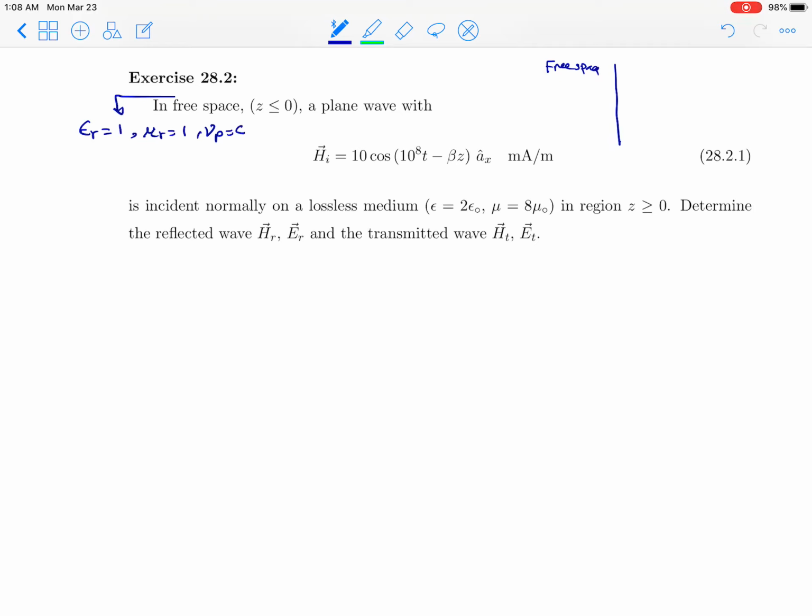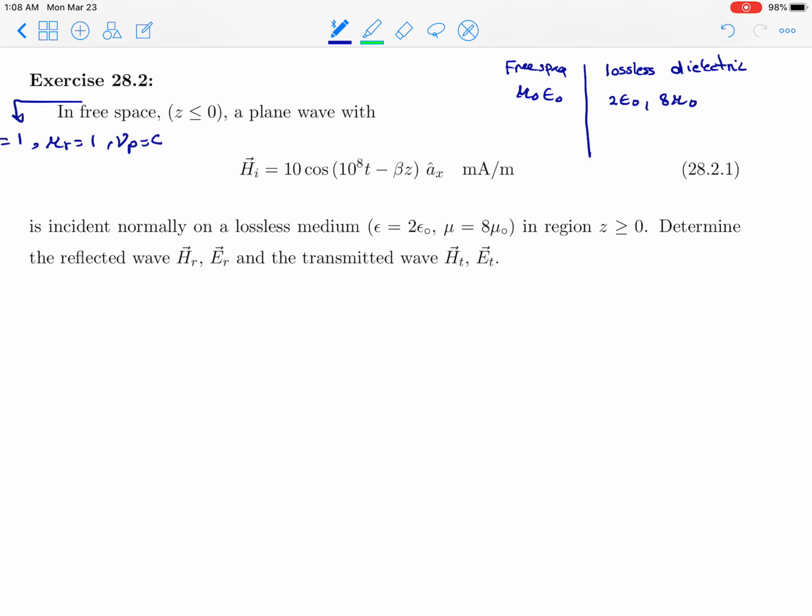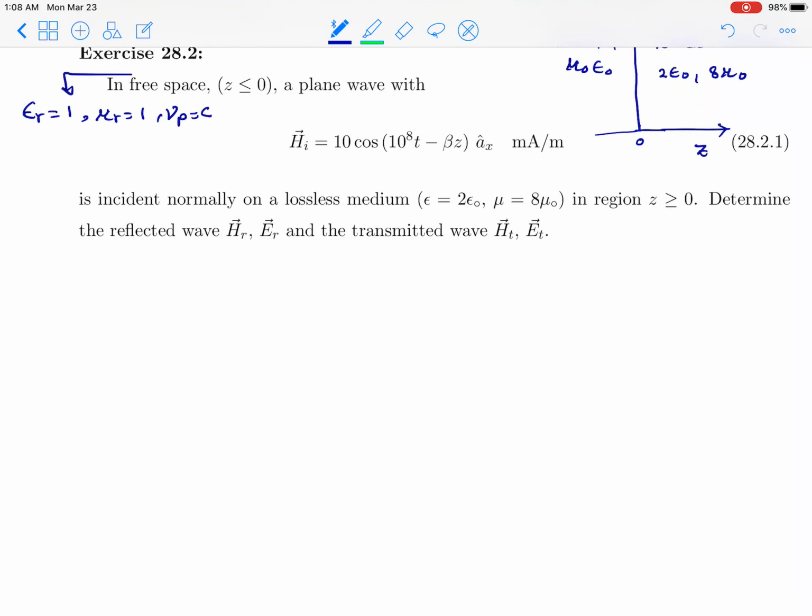Or I can write mu naught epsilon naught. The other one is a lossless dielectric with 2 epsilon naught, 8 mu naught, and this one is for z greater than 0, this one for z less than 0.